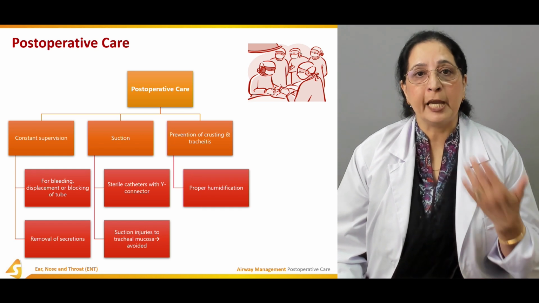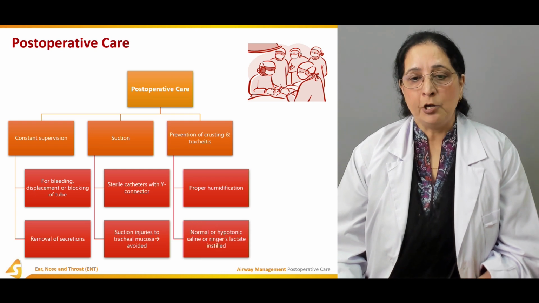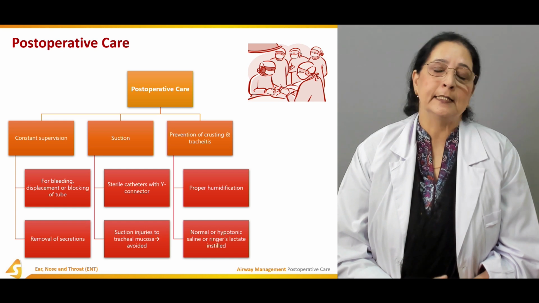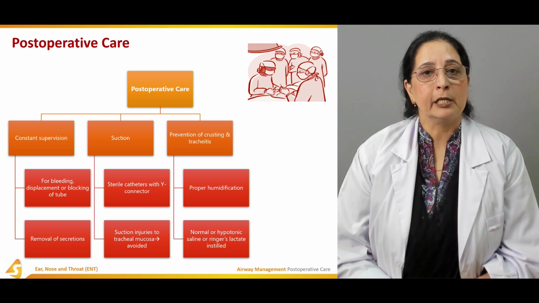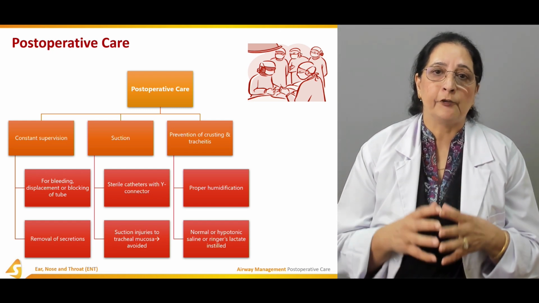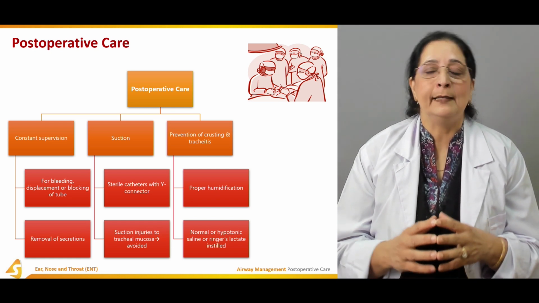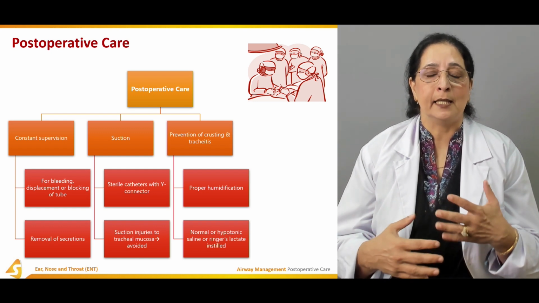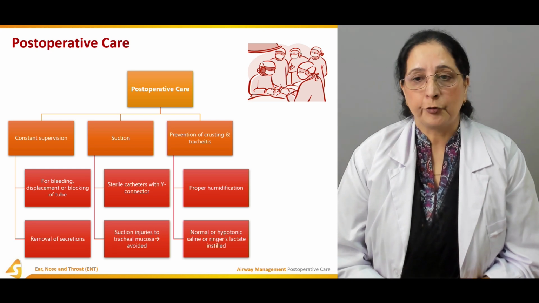Proper humidification is important to prevent any crusting, and normal or hypotonic saline or Ringer's lactate is instilled to prevent the crusting. We should take the measures that can prevent the infection of the trachea leading to tracheitis, and then other complications associated with the tracheitis.